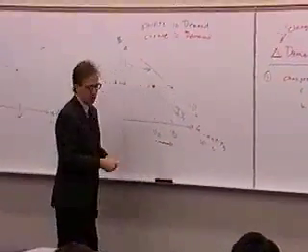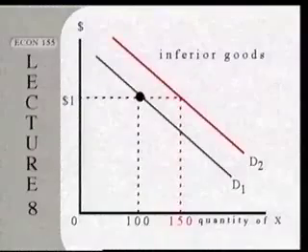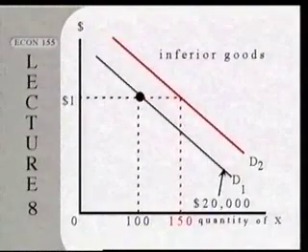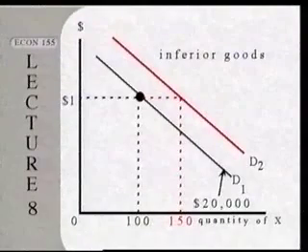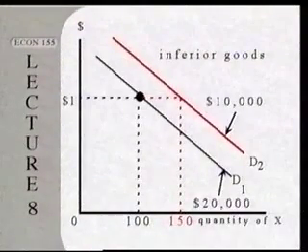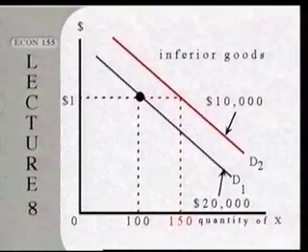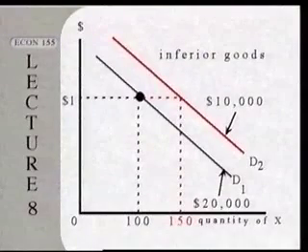Let's say your income started off at $20,000, and when the price of X is $1, you're buying 100 units. And then if your income went down to $10,000, now you want to buy more units. And this would be the inferior good case, what we're showing here. And potatoes, maybe X would be potatoes.